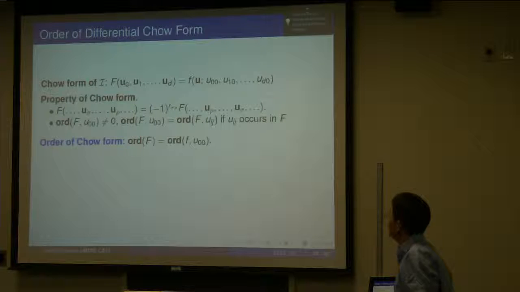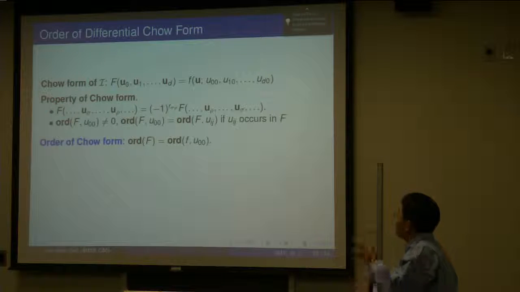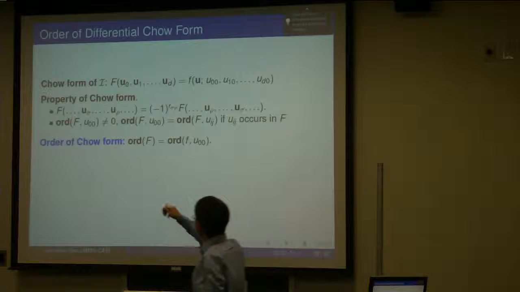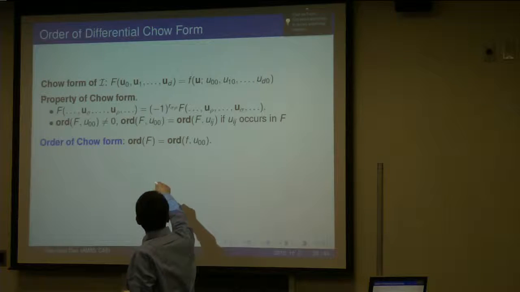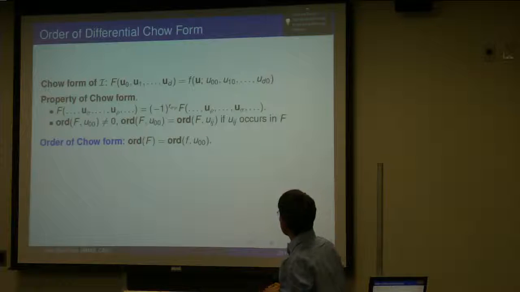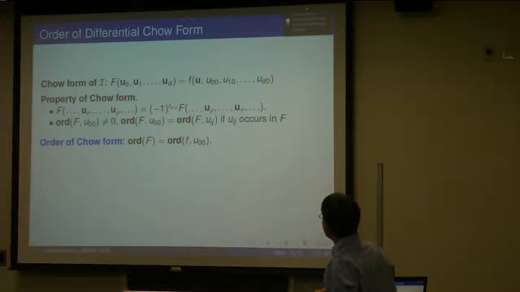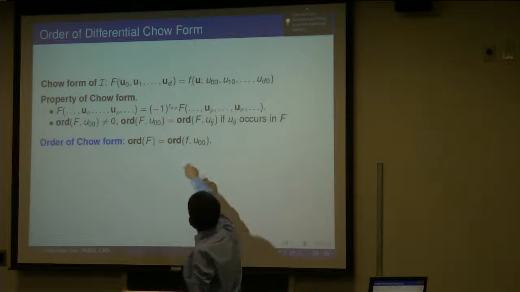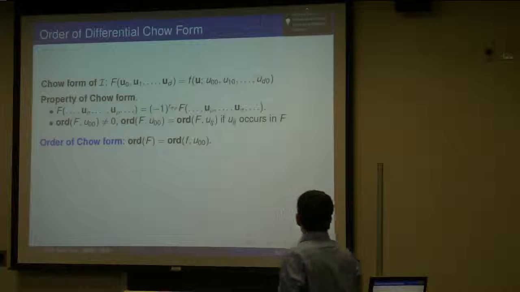So the Chow form is dense, not fully dense, but very dense. For example, u00 is always inside. The first one is anti-symmetric. The second says it's almost dense, for example, all the variables have the same order.